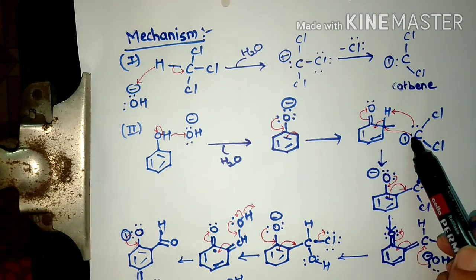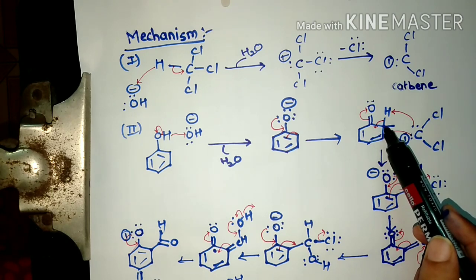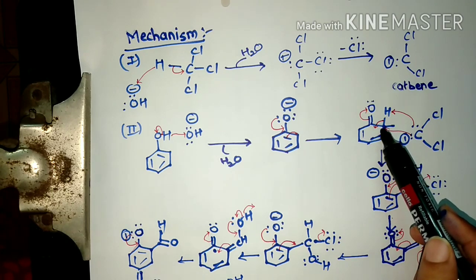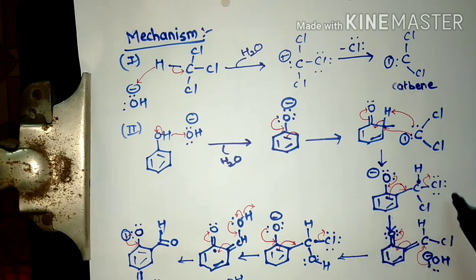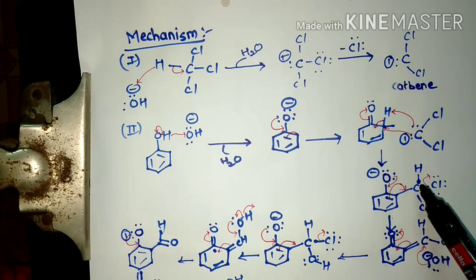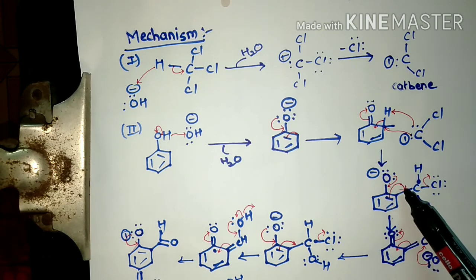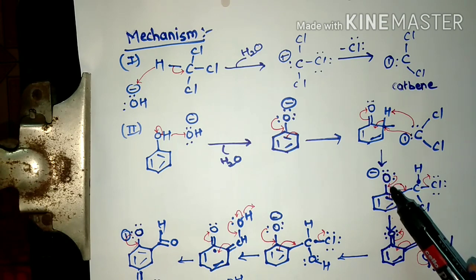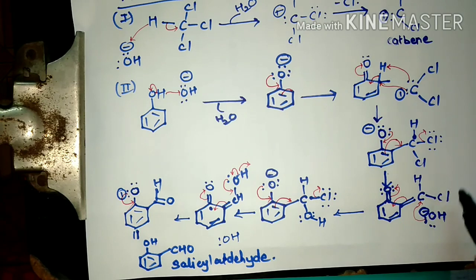These lone pair of electrons are taken by this carbon to stabilize itself, and now you will get this intermediate. But again this oxygen becomes unstable, this chlorine group is removed, so this carbon becomes a carbocation, takes its electron from this benzene, so oxygen gave its electron to benzene, and it will form again this type of intermediate.